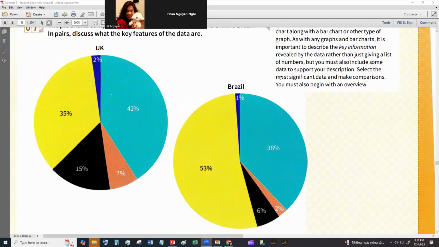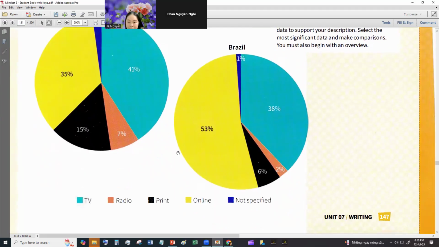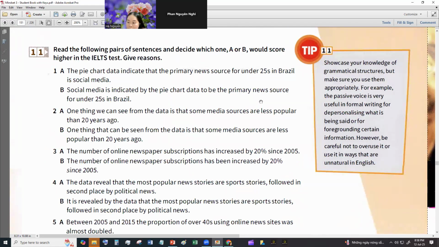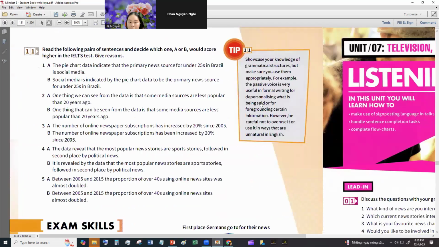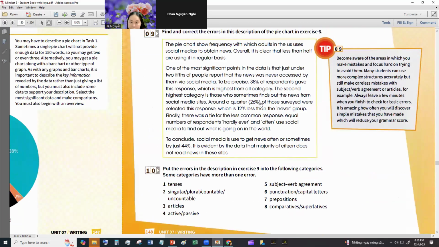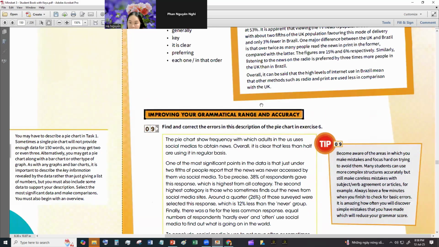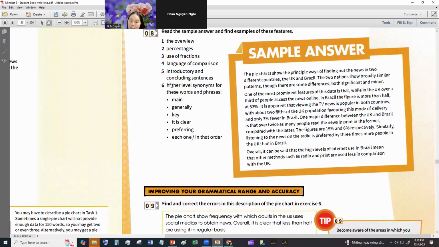Okay, thank you for waiting. All right, so remember, respectively is to indicate that the numbers follow the order of the categories mentioned directly before that. We have finished analyzing a very good sample answer, and we've looked at the higher level synonyms, and we've even explored how to use respectively.